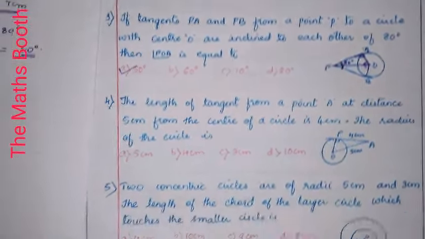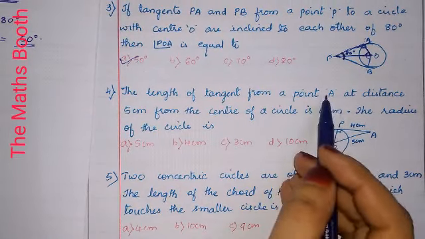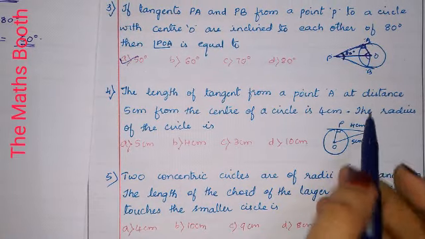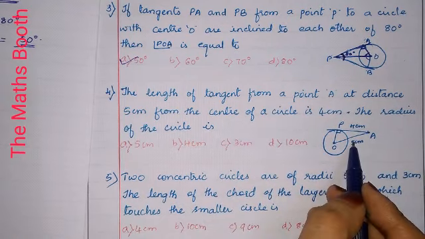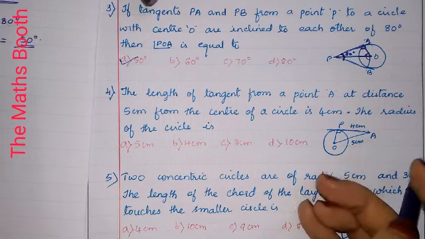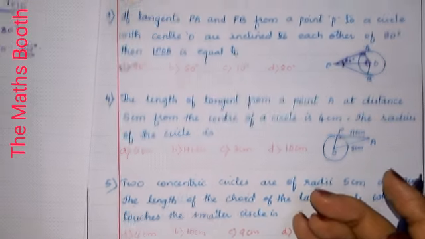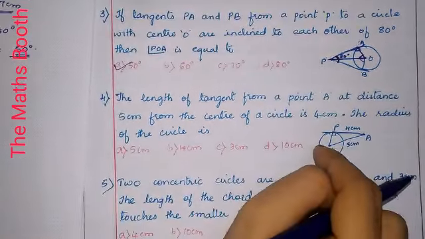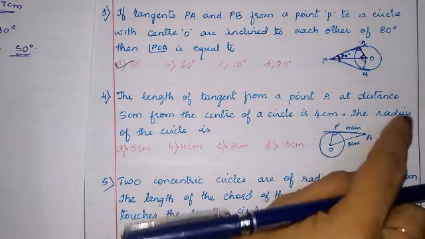Let us see the next question. The length of the tangent from a point A at a distance of 5 centimeters from the center of a circle is 4 centimeters. Same as this question, but here the figure is given, so you can do it directly.